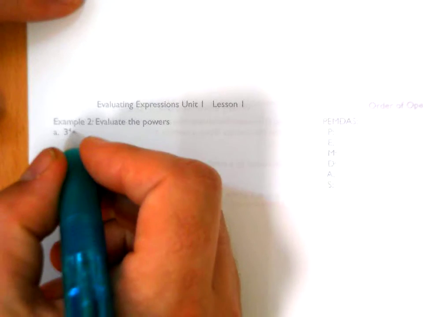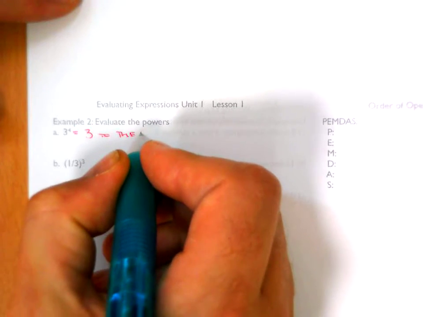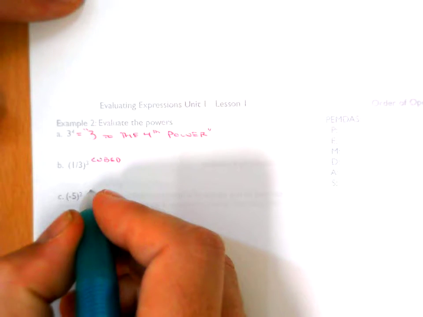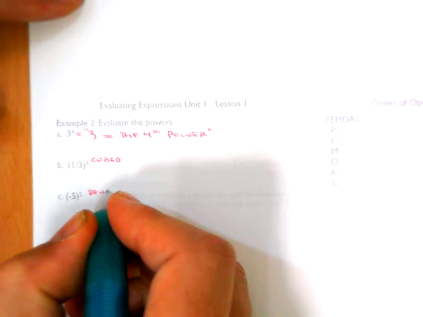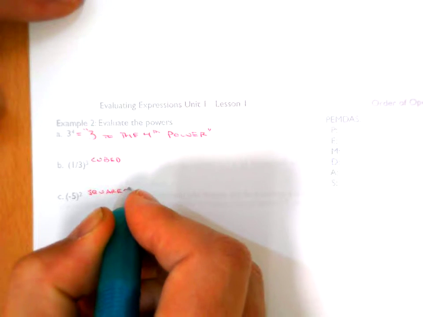And here we are evaluating powers or exponents. A couple things to know. We say this is 3 to the 4th. That's how we would say it. Sometimes we'll say cubed if it's to the 3rd power, or squared if it's to the 2nd power.